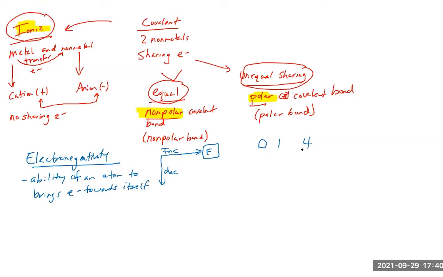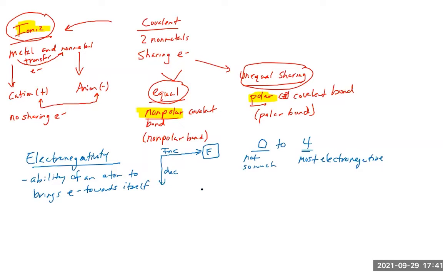And remember that 4, which is pretty much what fluorine has, is the most electronegative you could have. And 0 obviously being not so much, in terms of electronegativity.